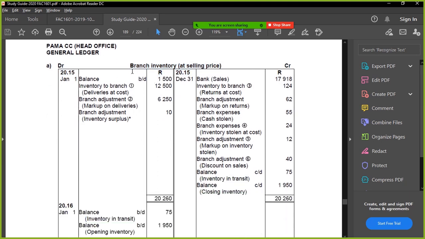If the inventory is being recorded at selling price, then you need to show the markup separately. Remember we saw that in the actual workings, all the adjustments, in other words all the markup, went to the branch adjustment account. That was something we had identified when we looked at these questions.